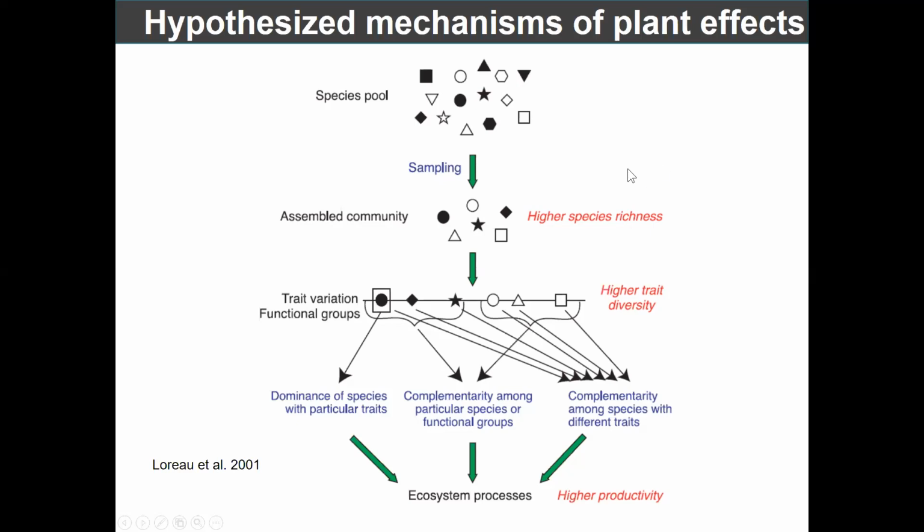So these different mechanisms of how plants will affect ecosystem processes are going to change depending on whether, for example, carbon capture is mostly explained by the dominance of a species with particular traits, or whether rates of ecosystem processes such as carbon cycling are actually explained by the higher trait diversity among the species, a mechanism that we call niche complementarity.